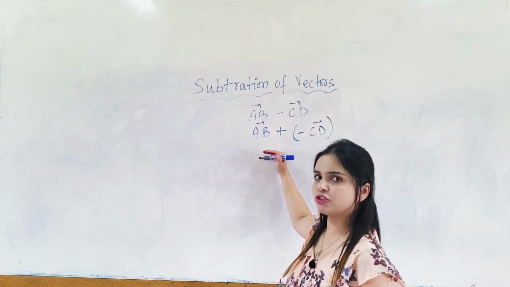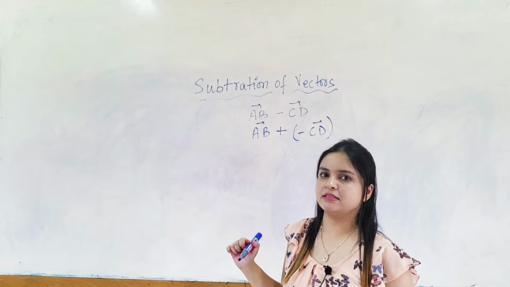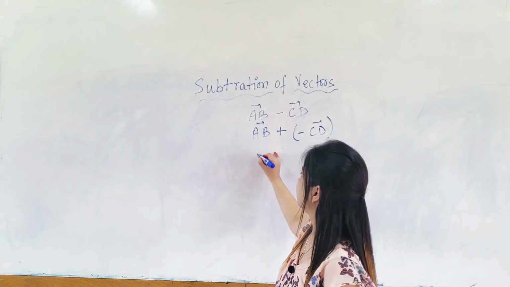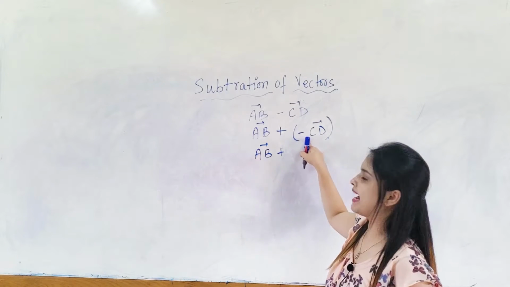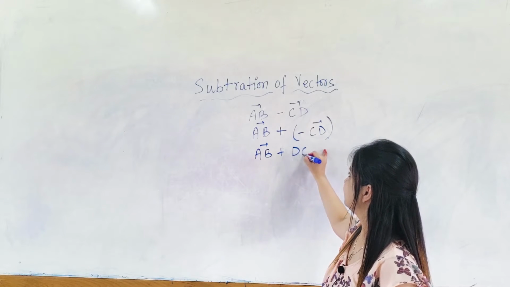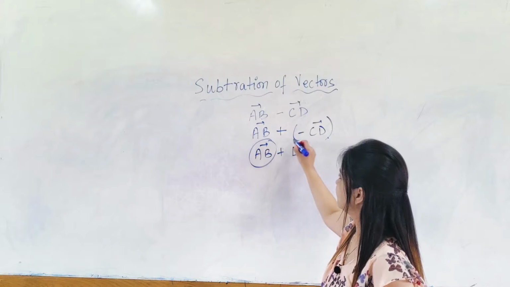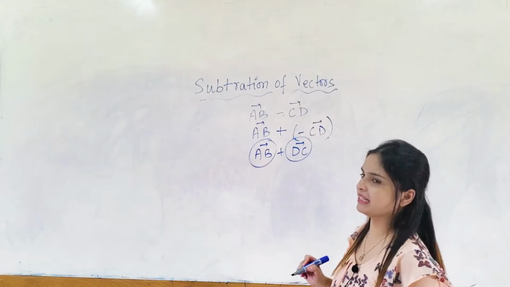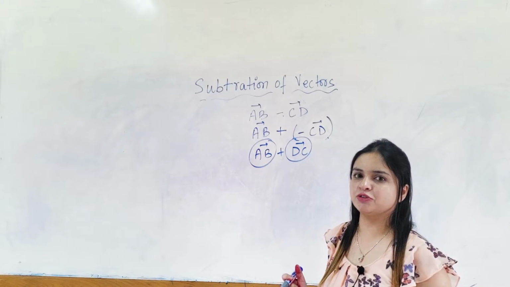I will use those same methods to subtract my two vectors by changing minus to plus. So this will become AB plus minus CD. Minus CD means DC. So like this, I can change my negative sign to positive sign, and then I will find the resultant of these two vectors.